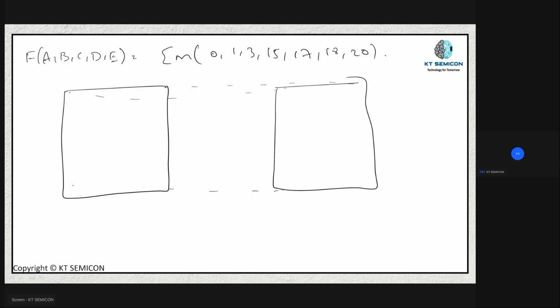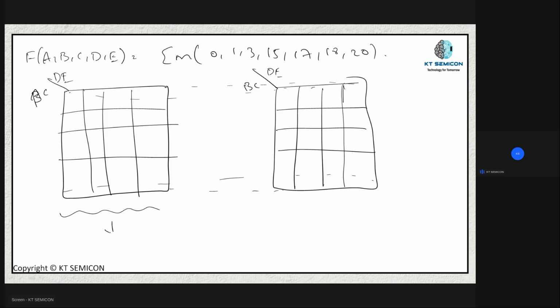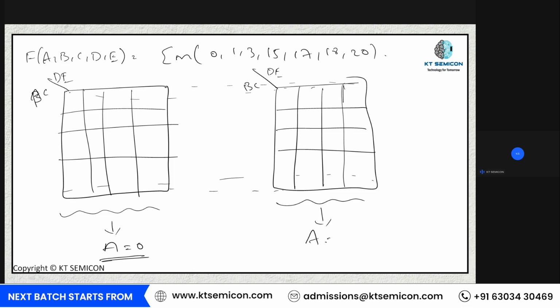And you are going to draw your 4 variable K-map. This is B, C, D, and this is B, C, D. For this whole K-map, your A is common and you keep it as 0, and for this whole K-map, your A is equal to 1.